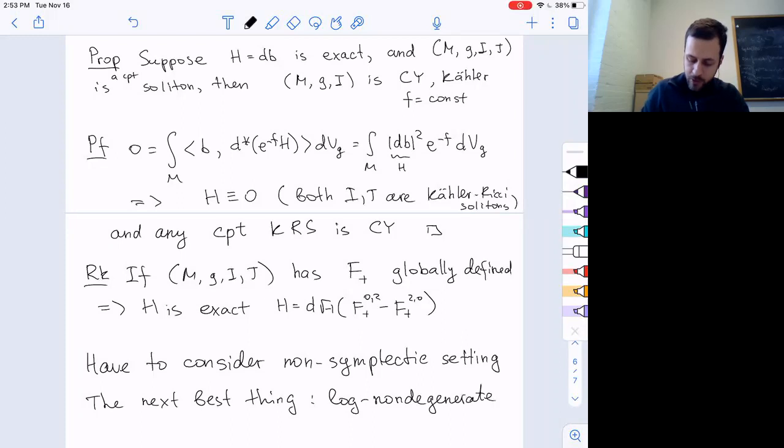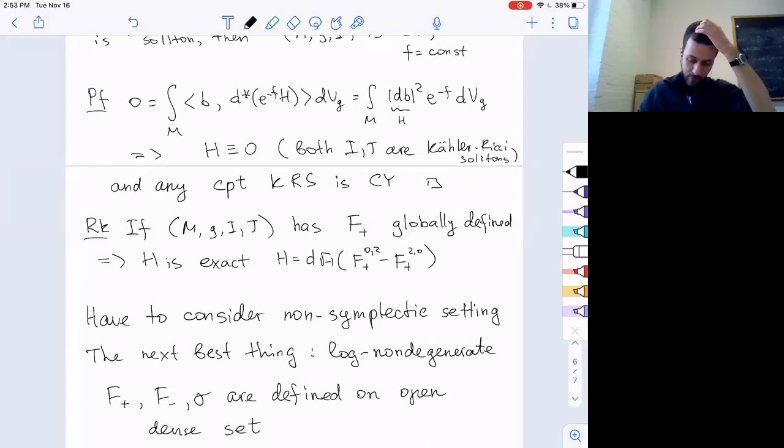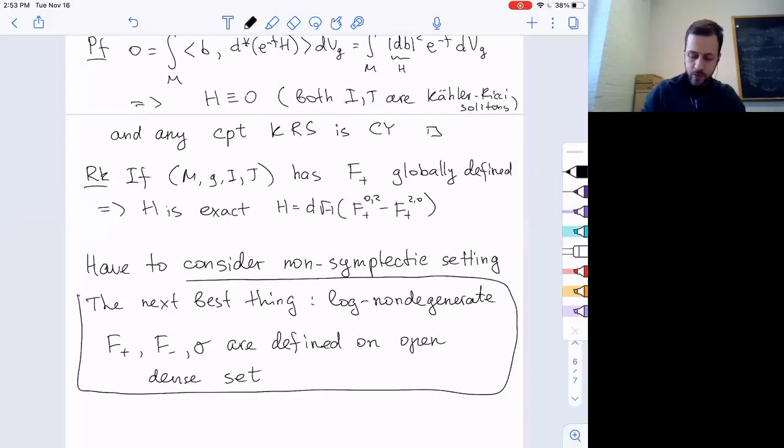Which means, as we discussed, that F plus, F minus and sigma are defined on a common open dense set. So that will be our assumption for the rest of the talk.